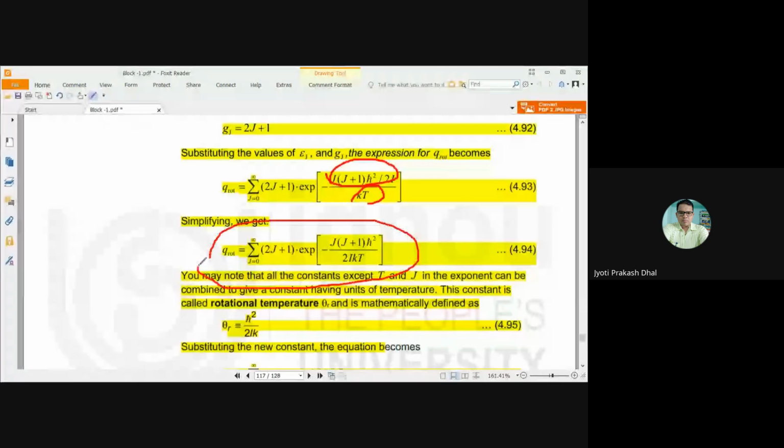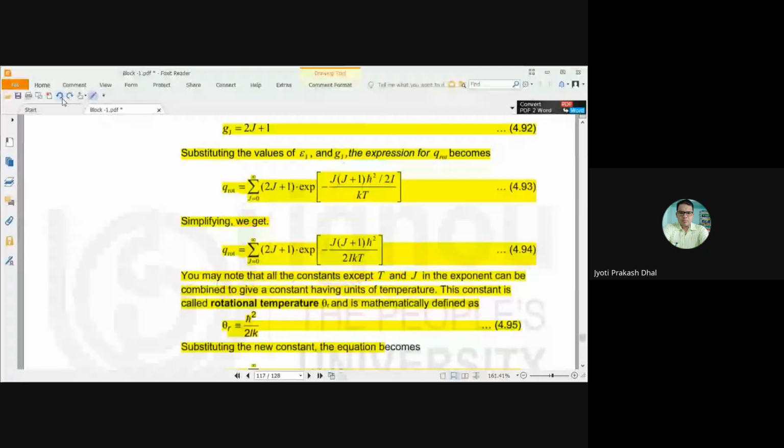So simplifying the above expression, we can find Q rotational equals the summation of 2J plus 1 into exponent of minus J into J plus 1 h cross square divided by 2IkT.